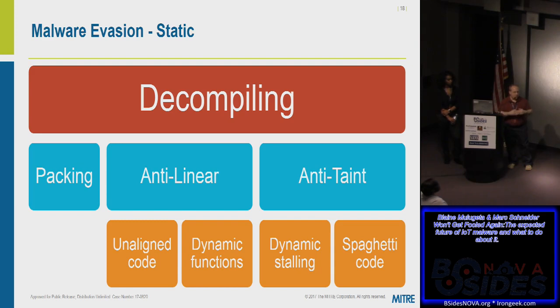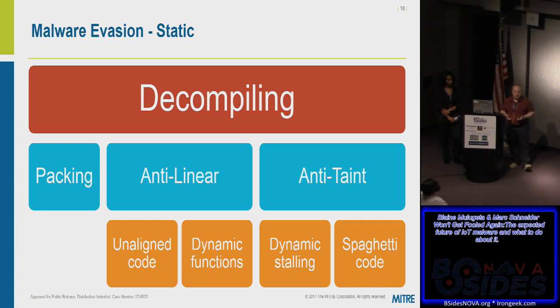Then there's a little stub code at the beginning that rearranges where everything's laid out in memory once it loads, so all the instructions actually are aligned properly and the code can execute. Dynamic functions are functions created during runtime that actually contain the malware.